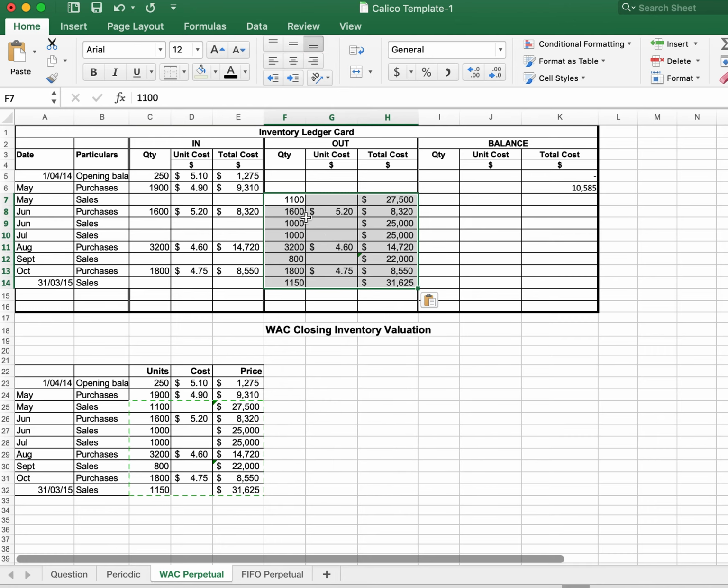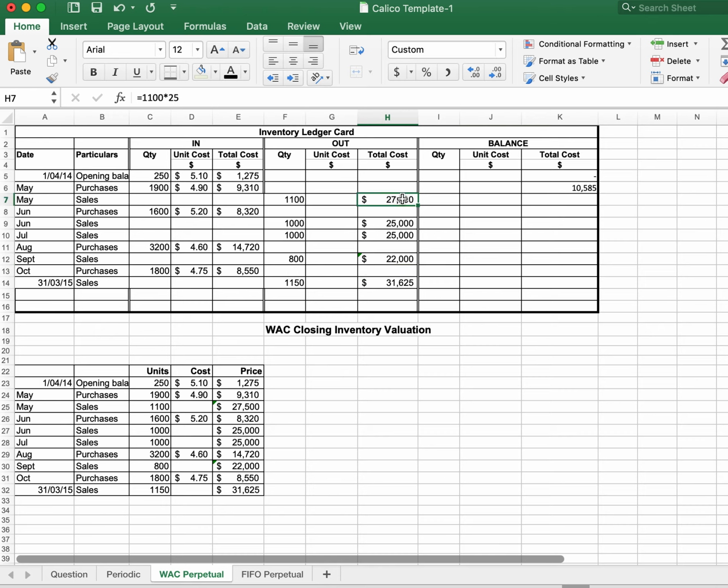And really I can get rid of the purchases, because this is just the section where I track the sales. Right, that should marry up.